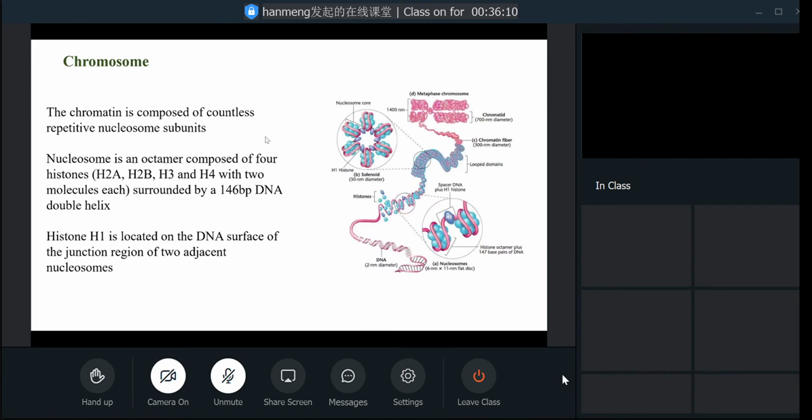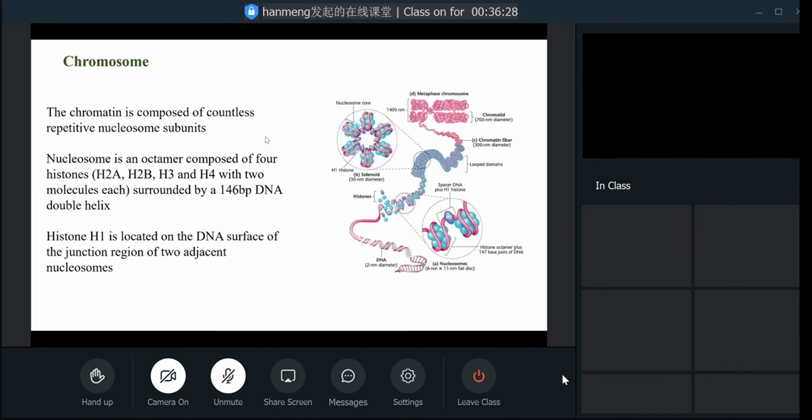Next, we will learn another part of the DNA and protein, the chromosome. Oh, sorry, it is not chromatin, it is chromosome.